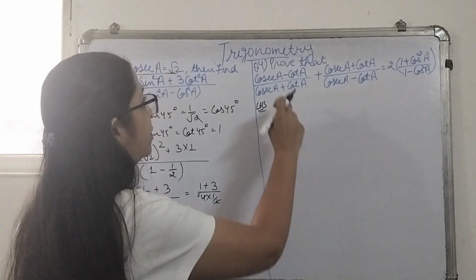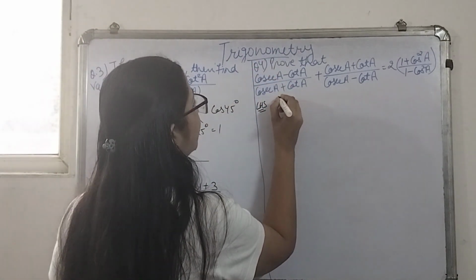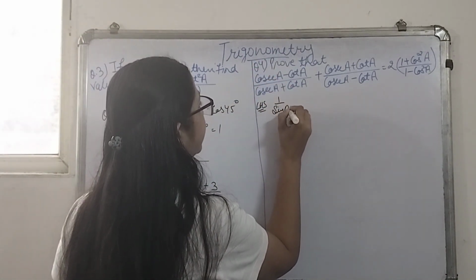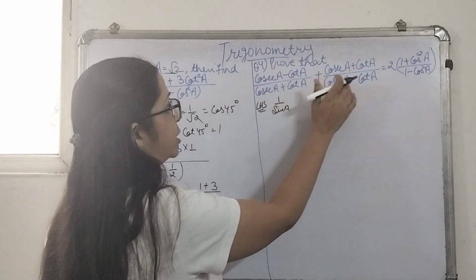So cosec A can be written as 1 upon sine A, and cot A can be written as cos A upon sine A. We have taken the LHS part and are solving this part.